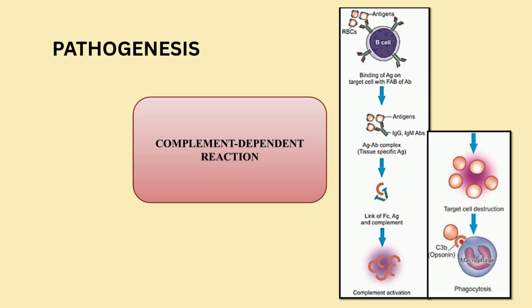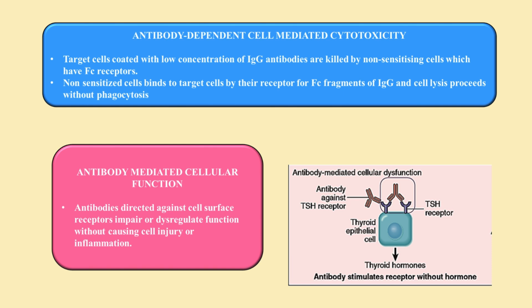Once the antigen binds at the FAB area of a target cell, the antibody antigen complex is formed in that specific tissue, which results in activation of the complement system, and because the complement system activates, it results in the process of phagocytosis. Because of this phagocytosis, target cell destruction occurs. So that is all about the complement dependent reaction.